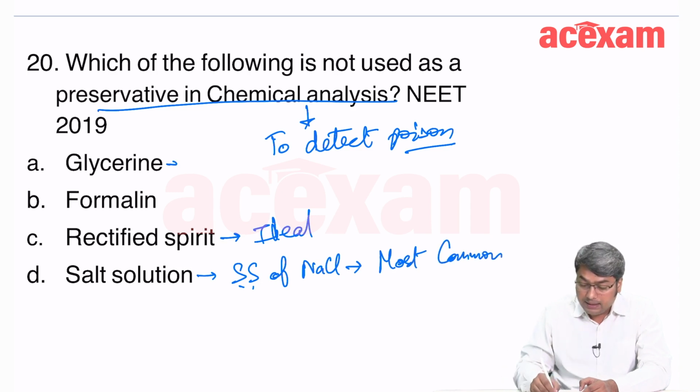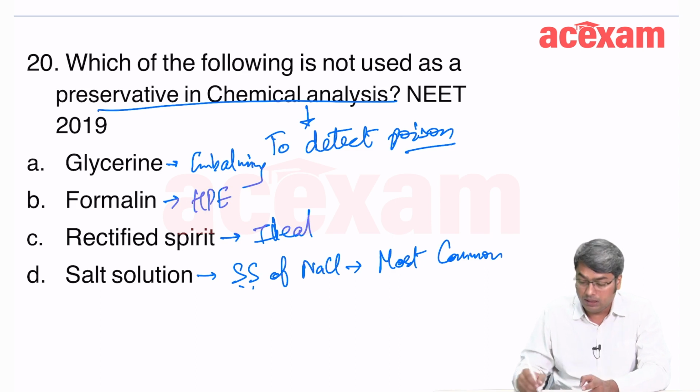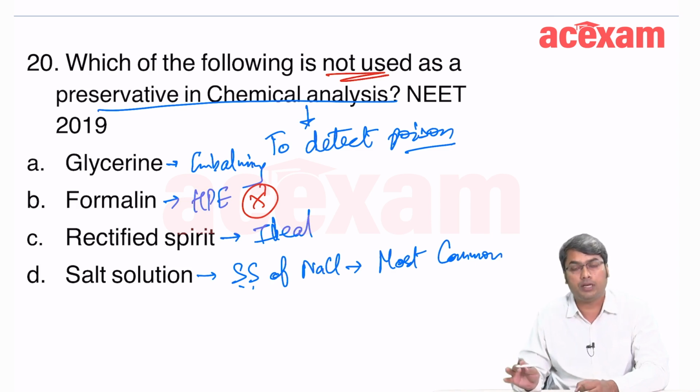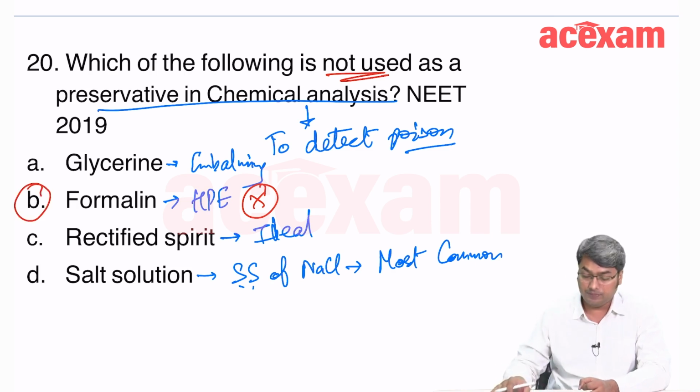Glycerin is used for embalming, while formalin is used for preservation of organs for histopathology. Formalin is never used for the preservation of organs for poison detection. So, that is the answer, formalin.